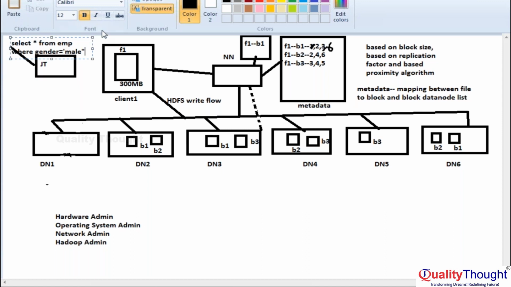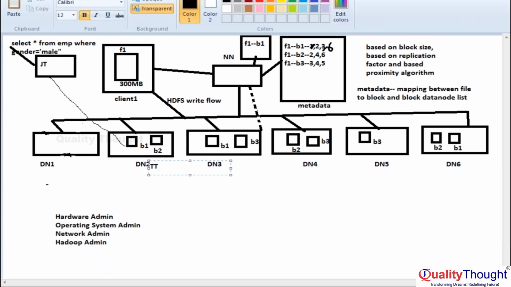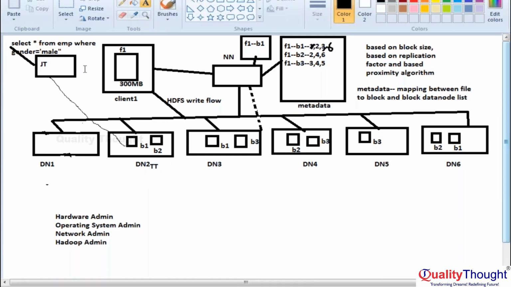This request came to the job tracker, and the job tracker assigned a task. For block 1 processing it assigned this task tracker machine. So a task tracker is presented here, and for block 2 processing it assigned data node 4.